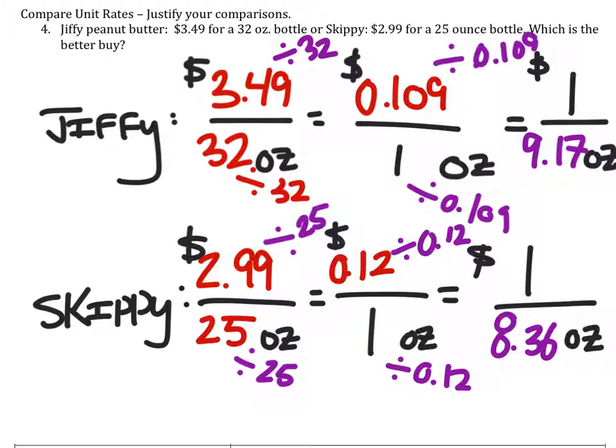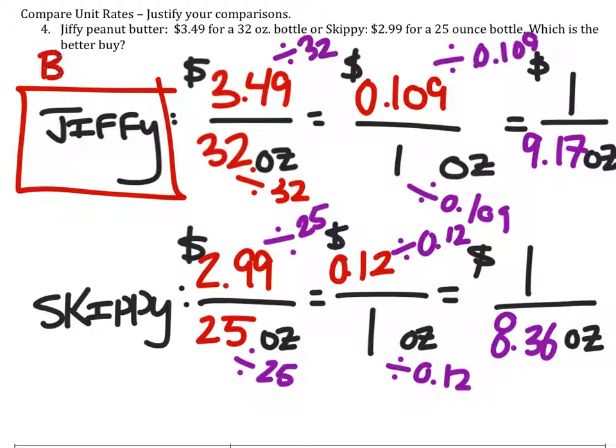So the difference between these is that if you look at the ounces for a dollar, you will get less ounces for every $1 than you would with Jiffy, which gives you more ounces for every $1. Therefore, Jiffy is the better buy. Alright, so which is the better buy? I would circle Jiffy on this one. It's the better buy.